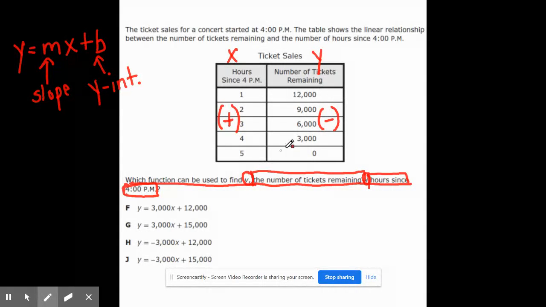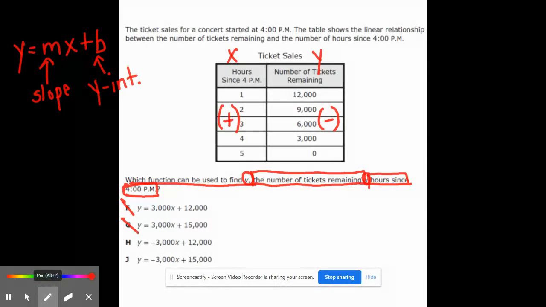If the x value is increasing and the y value is decreasing, that tells us that our slope is going to be negative. Looking at our answer choices again, process of elimination is such a critical strategy. Let's go ahead and eliminate these two. We know that our slope is going to be negative. Let's go ahead and check our numbers.